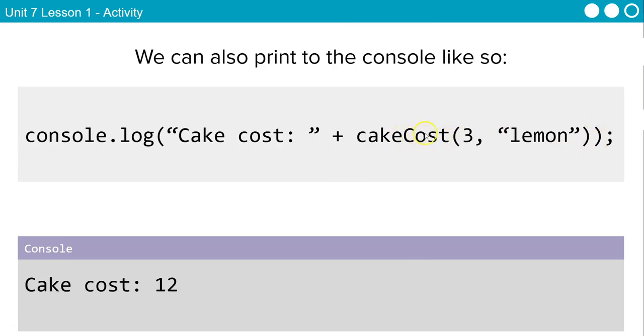So when the function's done, total was 12, if you remember. So it returns 12 right here where this function was called, right? So this will then print out cake cost plus 12. So return is just a way for us to get that value that we created out of our function.